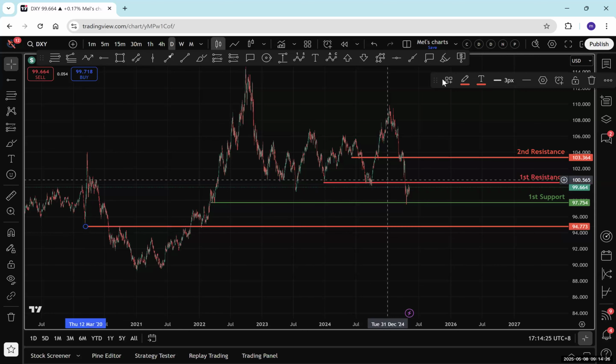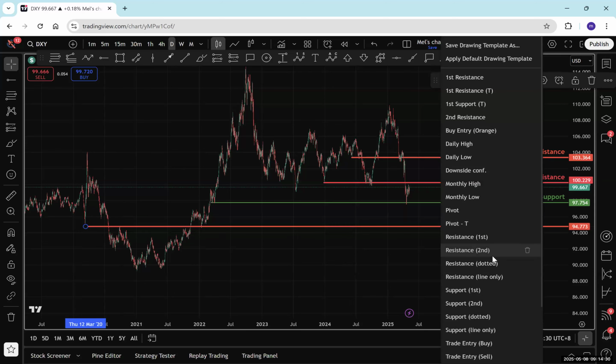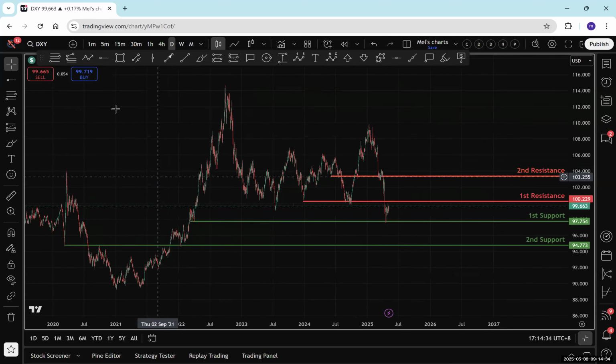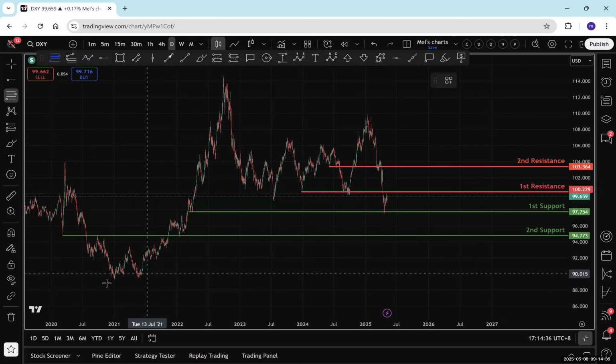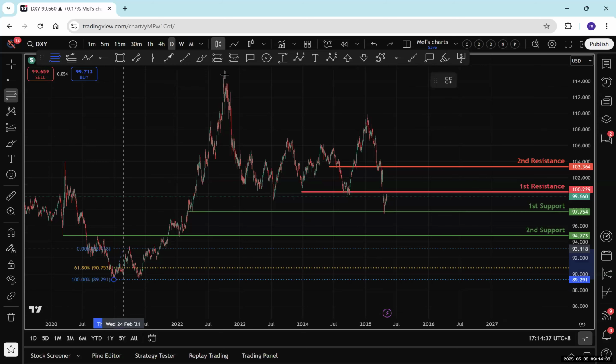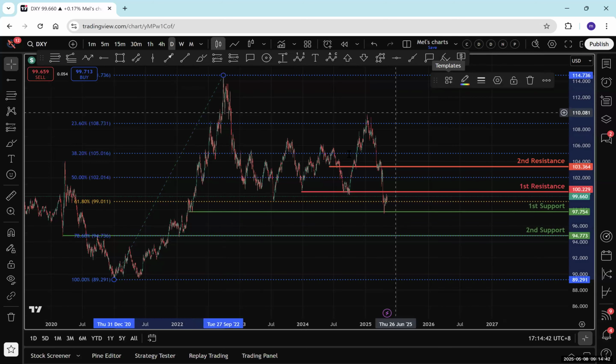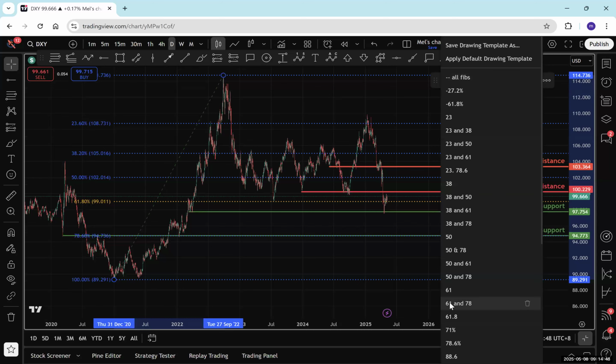Okay, so this is an overlap level here. Okay, so now I'm going in with my retracement levels. So my 61.8 and the 78.6 both line up. So I'm going to keep those two.